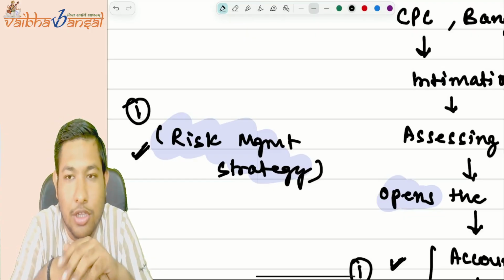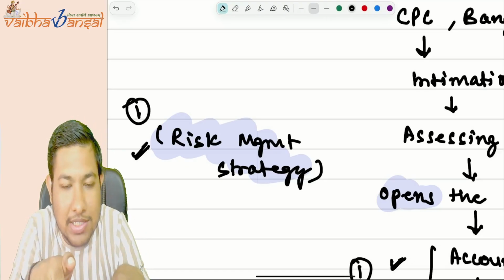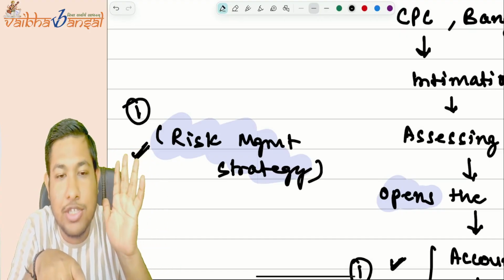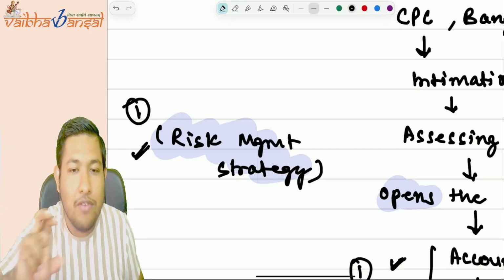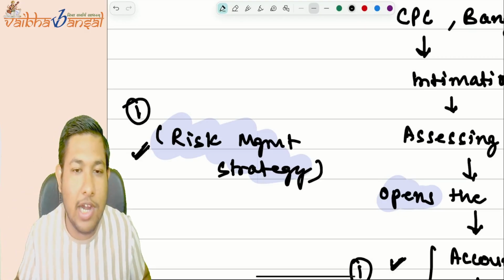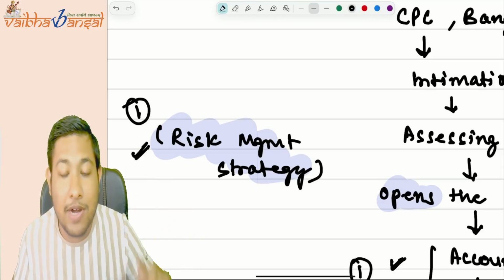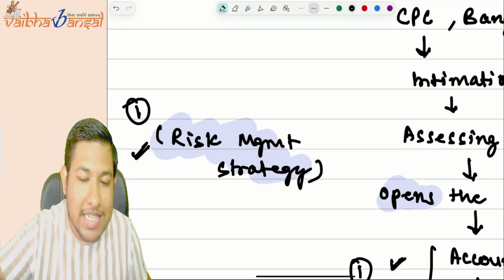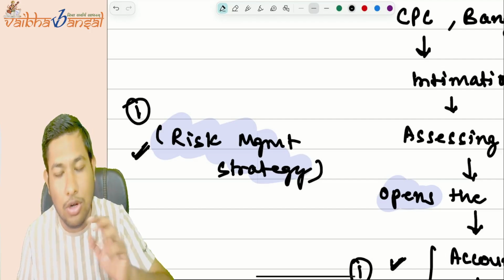Correct or not? Whatever evasion is done, is only done on the part which is not in the eyes of the department. If you know the risk management strategy, what are the sections and parts the department is going to verify, then you will not make the mistake in that part, but you will make the mistake in the other part, which is not in the eyes of the CBDT. Correct or not? That is why the risk management strategy is not disclosed to the assessee or the public.